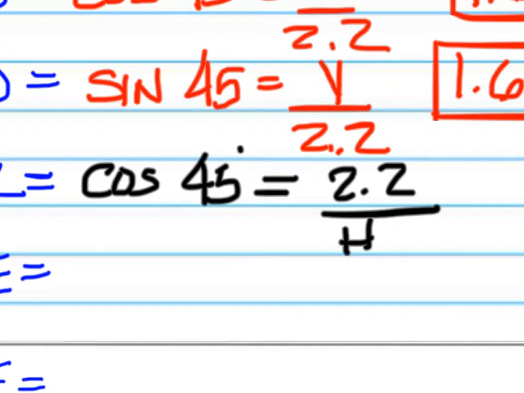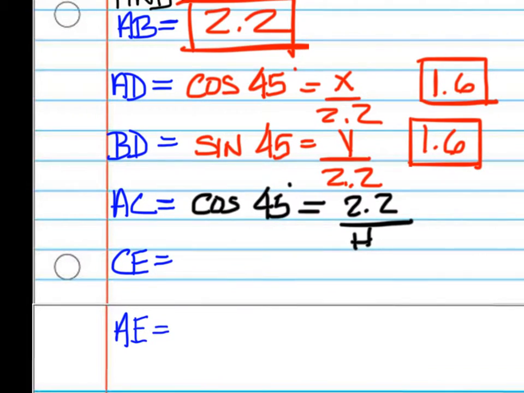That's a variable. And these two times each other is just 2.2. To get that h away from the cosine 45, you would have to divide by cosine 45. 2.2 divided by the quantity of cosine 45.